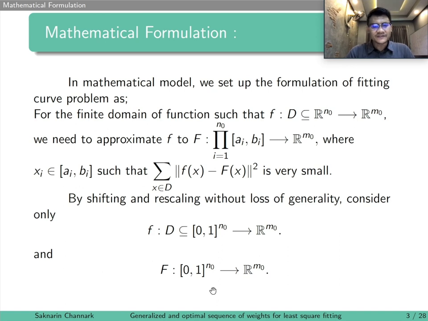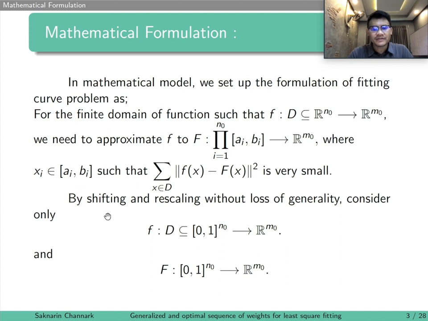The next section is about the mathematical formulation. In the mathematical model, we set up the formulation of the curve fitting problem for a finite domain of functions such that small f maps from R^n0 to R^m0. We need to approximate small f by big F such that this term is very small.